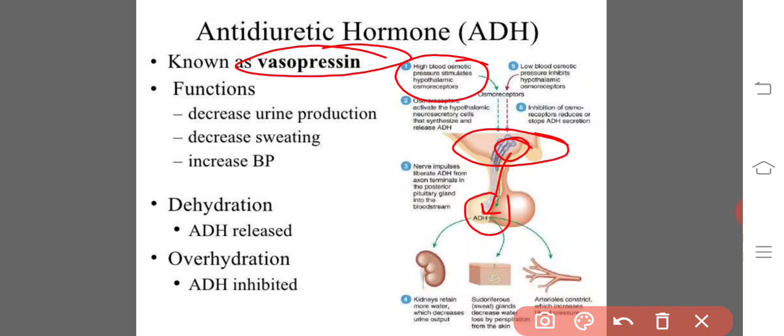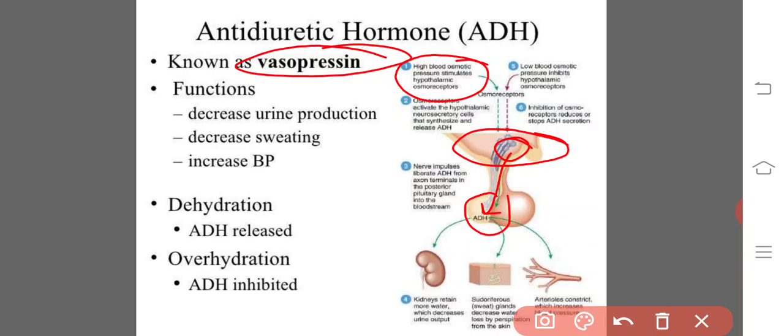That is, whenever there is a high osmotic pressure of the blood and a lower osmolarity of the ultrafiltrate, ADH is released from the neurohypophysis.